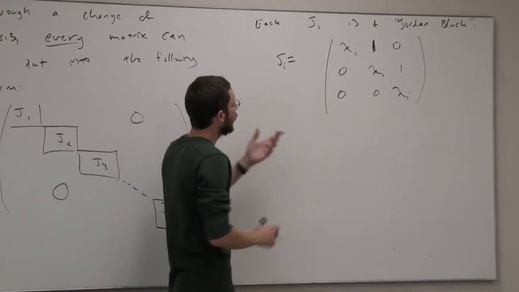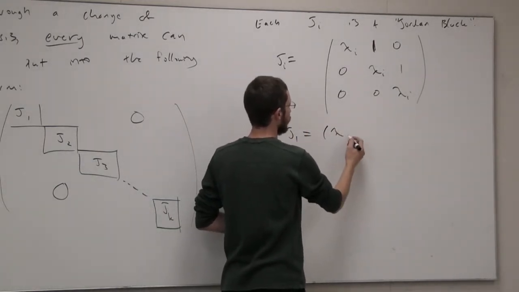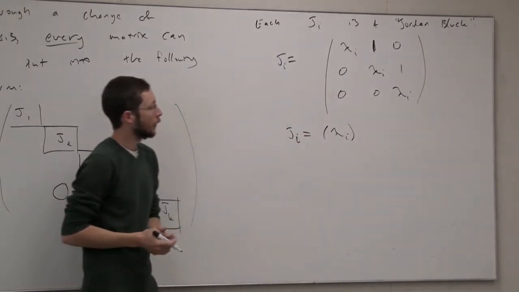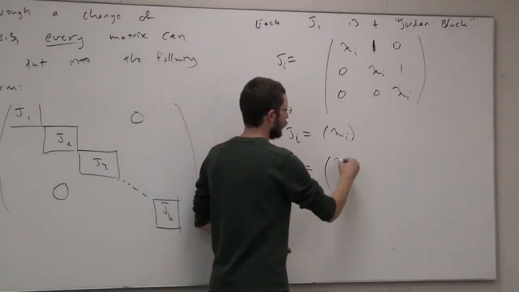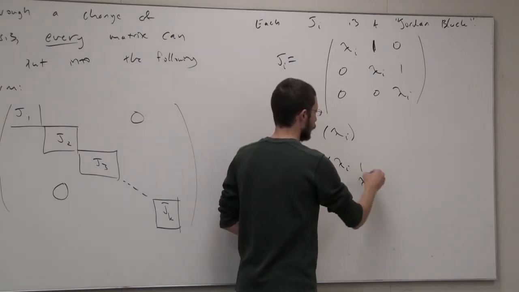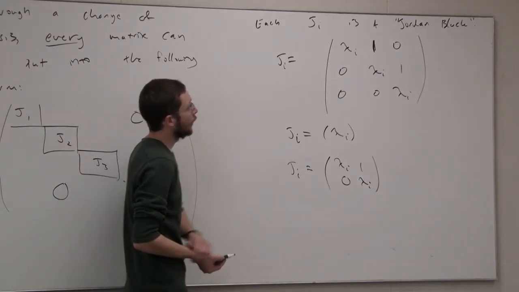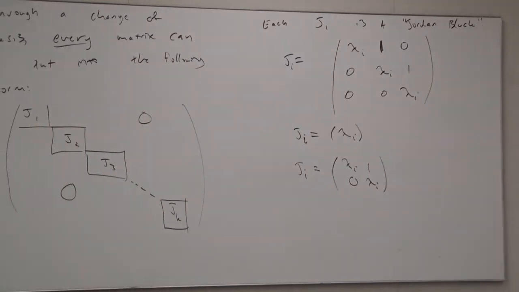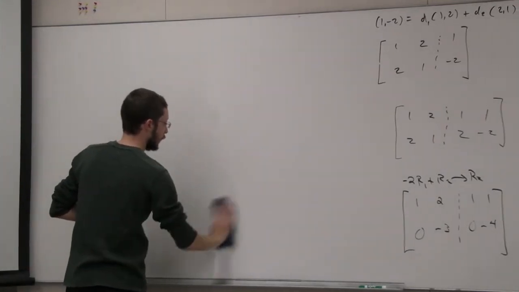You can have a 1 by 1 Jordan block, and that would just be an eigenvalue. You can have a 2 by 2 Jordan block, and that would be eigenvalues down the diagonal with a 1 in the upper right and a 0 in the lower left. Here's a 3 by 3, and then I feel like it's worth doing a 4 by 4 Jordan block as well, because we're going to be really digging in deep to this form.